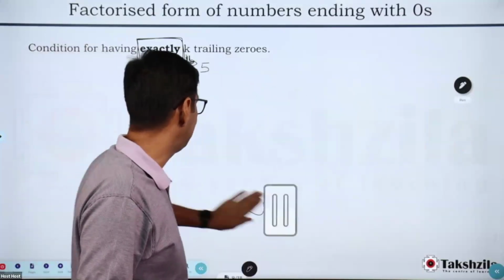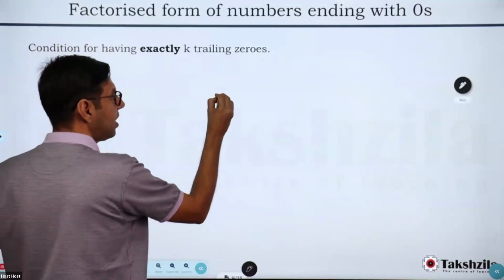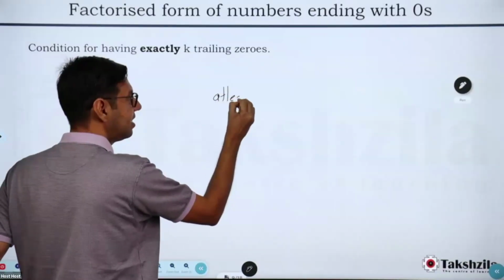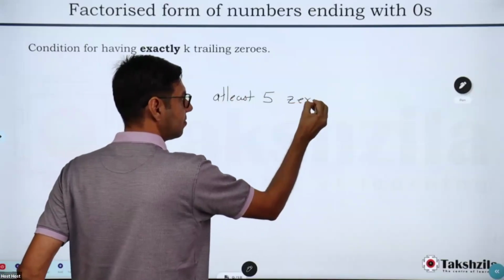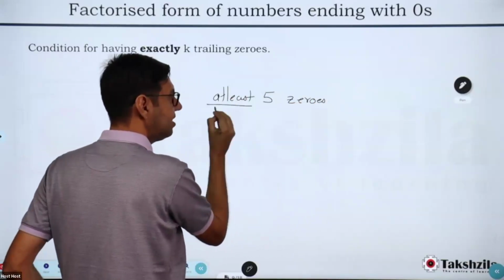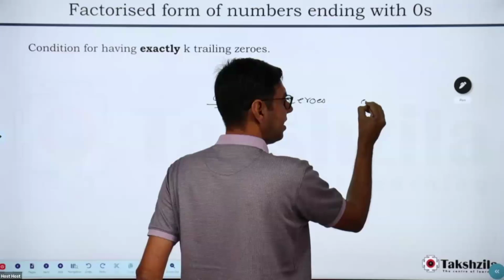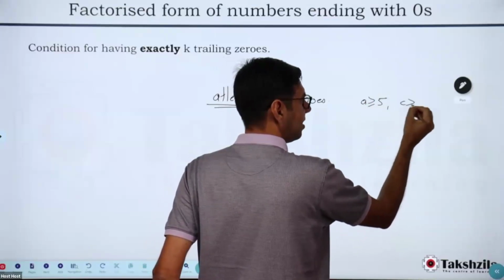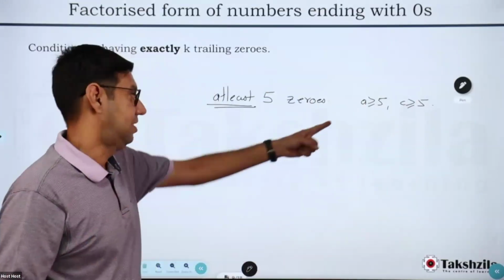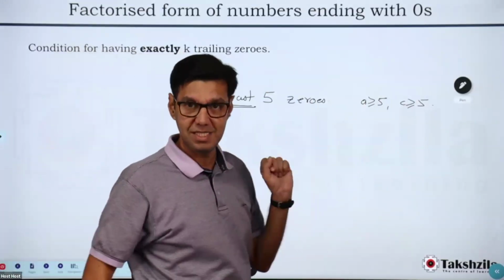A much simpler way is, you say there has to be at least 5 zeros. Now, what have I changed the word to? At least. So could I say that A could be greater than 5, C could be greater than 5? Now, can both of them work? Yes.